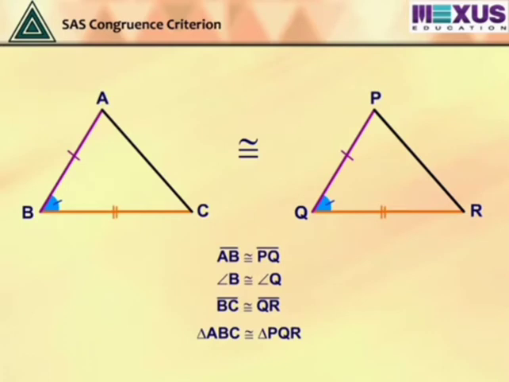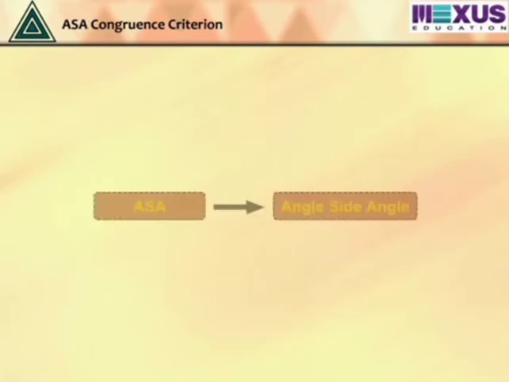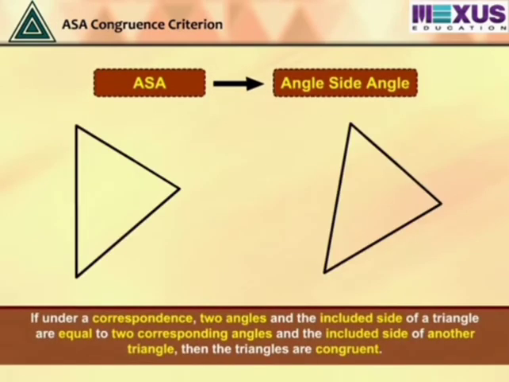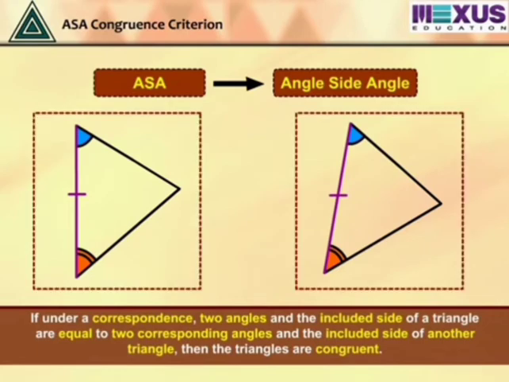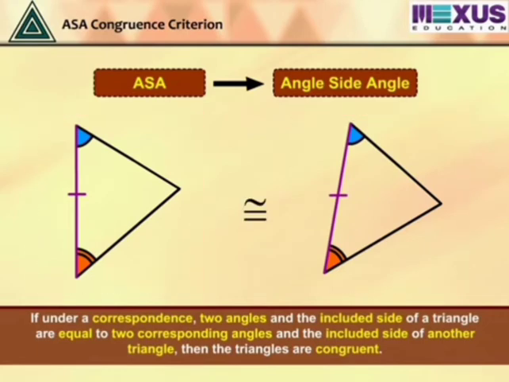The next criteria is ASA, angle, side, angle. That means two angles and the included side. If under a correspondence two angles and the included side of a triangle are equal to two corresponding angles and the included side of another triangle, then the triangles are congruent. See the example.